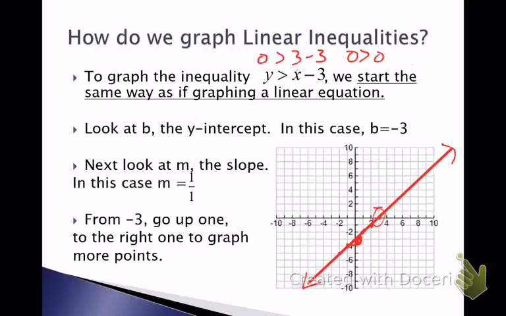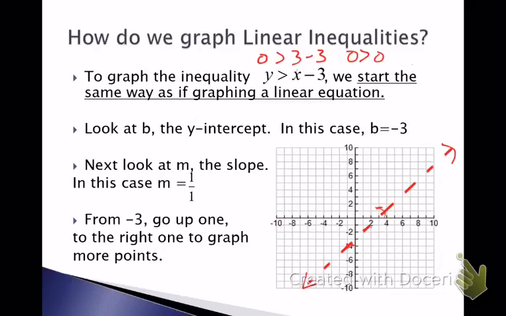So what we do is, instead of coloring those points in, which is what a solid line does, we dot this line to show everybody that those points are not solutions. Okay?